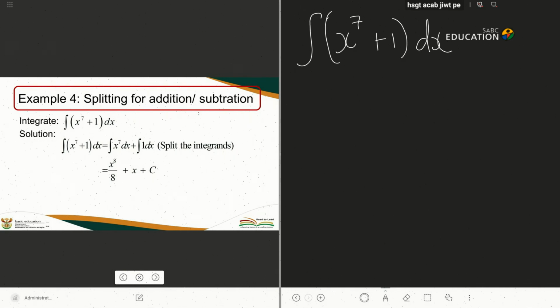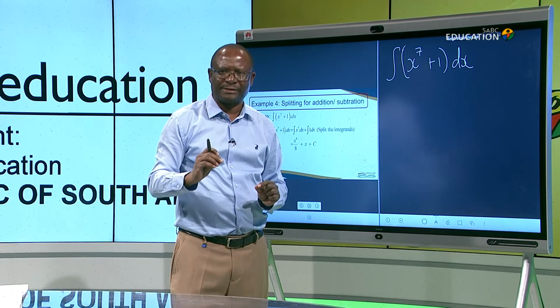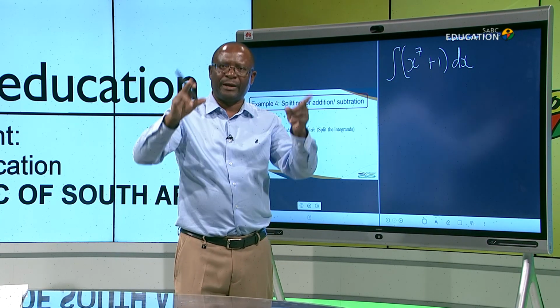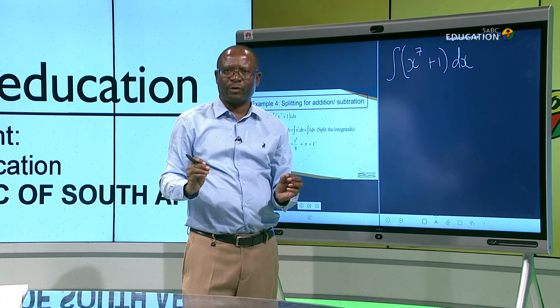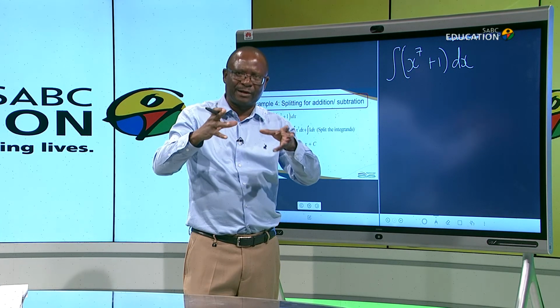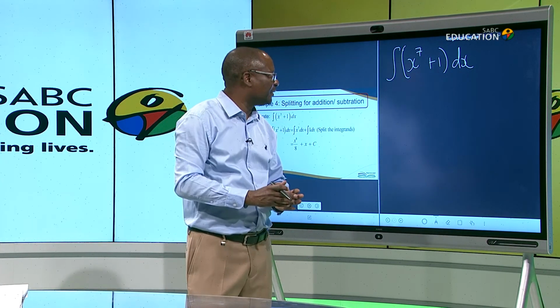One advice that I can give, when you are dealing with the integration of polynomials, always put your integrand within brackets so as not to confuse yourself. Put your integrand within the brackets first before you integrate it.